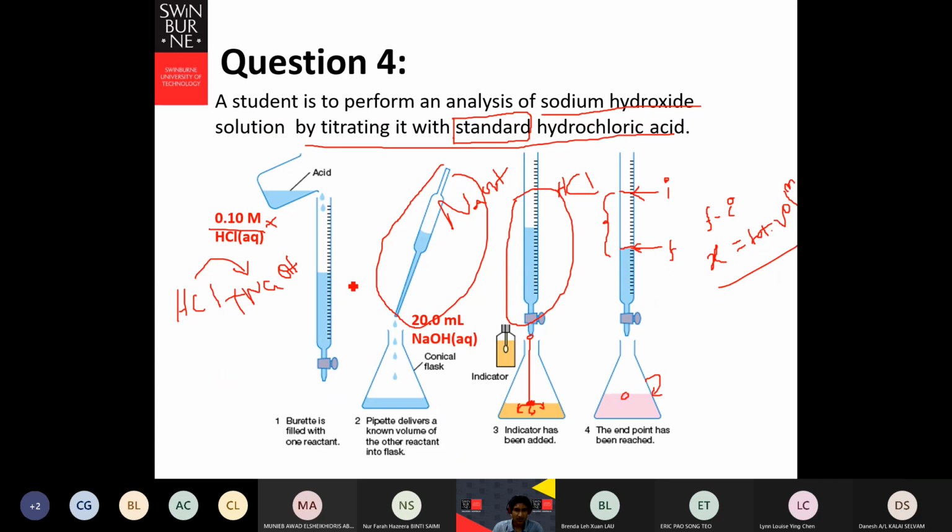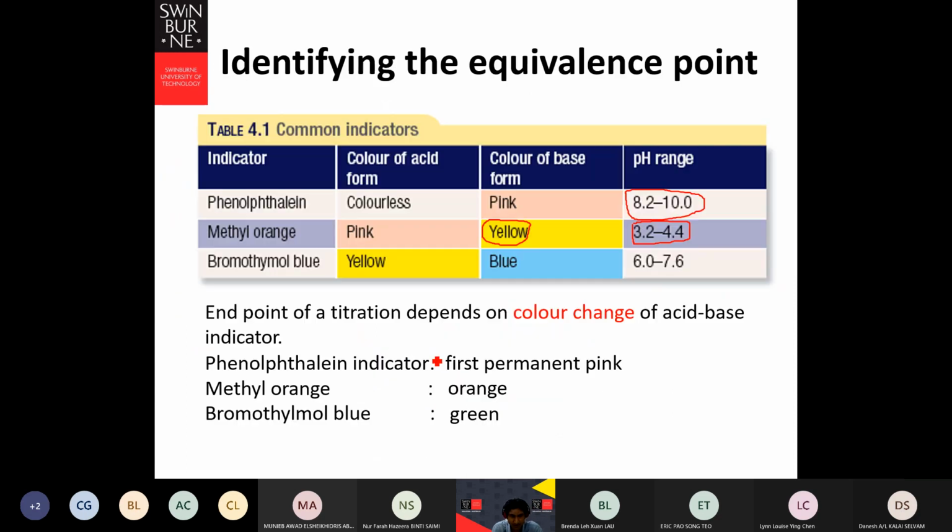We remember this is the 20 milliliter we took from the pipette into the conical flask. Although we have added 1 or 2 drops of indicator, that is not counted because it does not participate in the reaction. So this is 20 milliliter of base, or sodium hydroxide, that was taken.